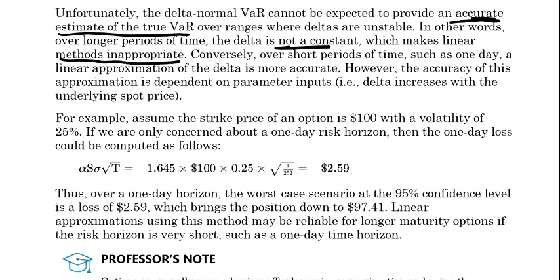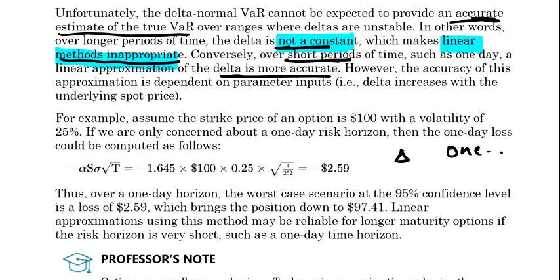Clear? But we all know that the delta of the option keeps on changing, that is, the deltas are not constant, so that makes our linear method inappropriate to calculate the VAR. But if I am talking about a short period of time, say one day, in which the delta will not fluctuate as much as over a number of days, then yes, we can use the delta normal VAR method where the calculation is more accurate.